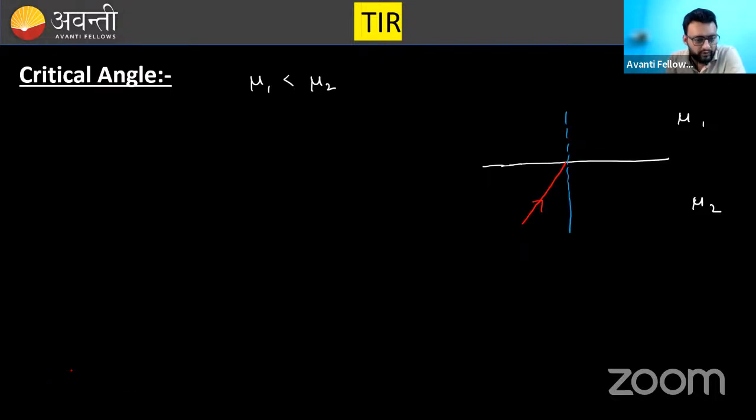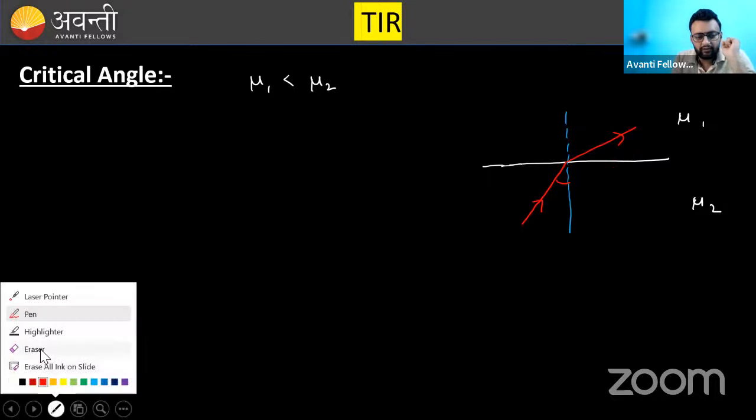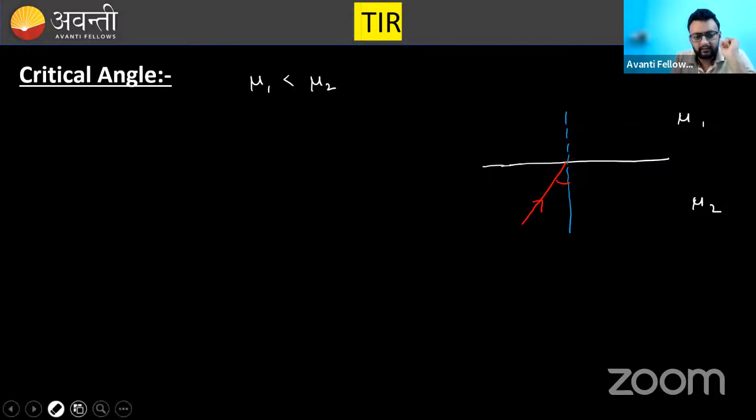It is moving from denser to rarer medium, so it will move away from the normal, something like this. Now, if I increase the angle of incidence, then at a particular angle of incidence, the angle of refraction will become 90, like this.